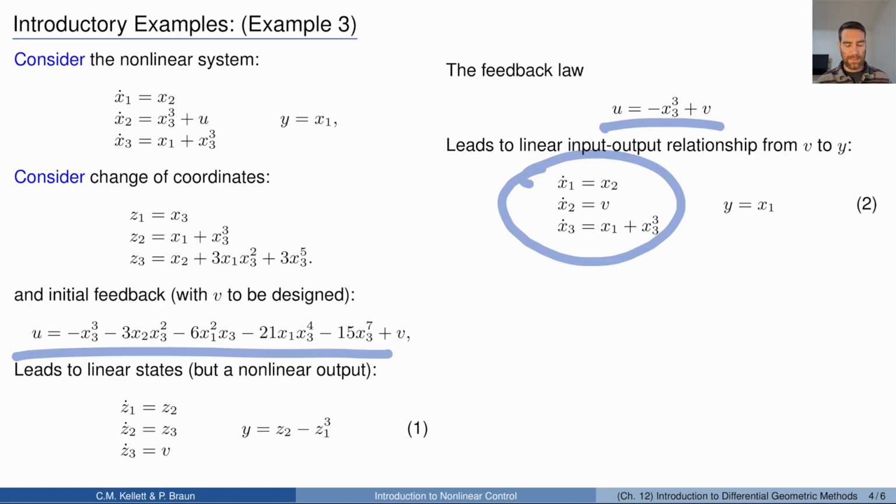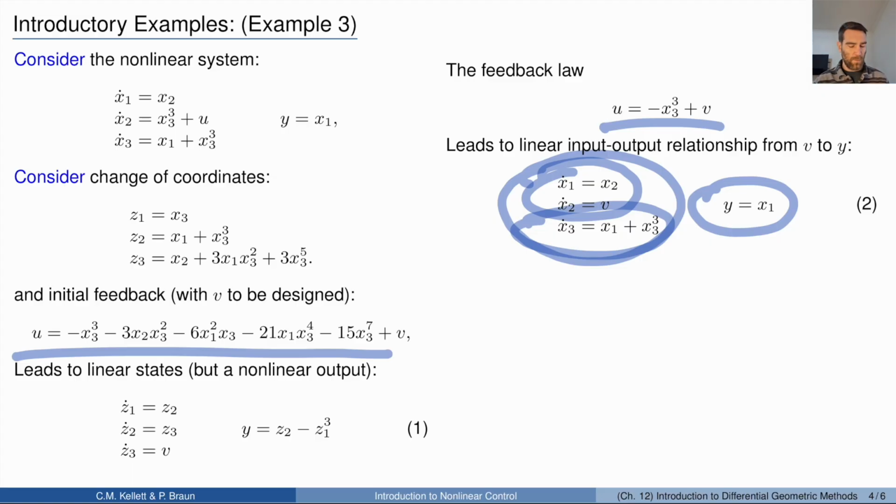That would lead to the dynamical system here in terms of the relationship of the states x and the new degree of freedom v, where now the first two components of our system are linear. The third component is nonlinear, but we have our output still linear.